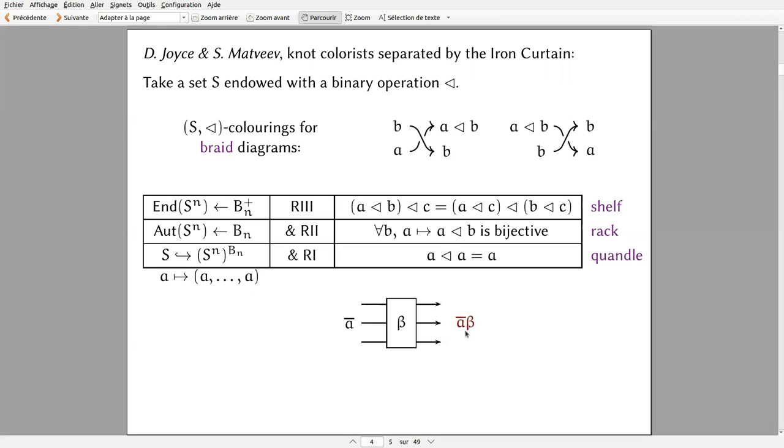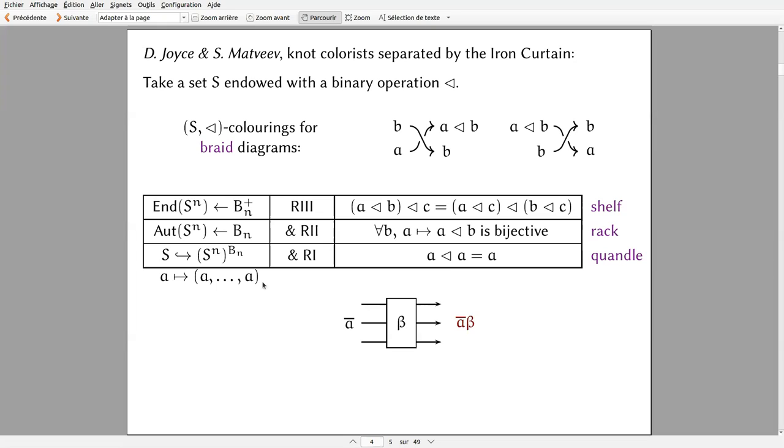And in this way, you can define an action of a braid on an n-tuple of elements of your set S. So if you have only a shelf, it will be an action of the positive braid monoid. If you have a rack, which also allows the Reidemeister 2 move, you'll have an action of the whole braid group on the n-tuples of elements of S.